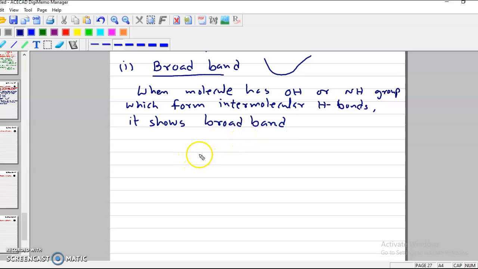Even more polar molecules show broadband.